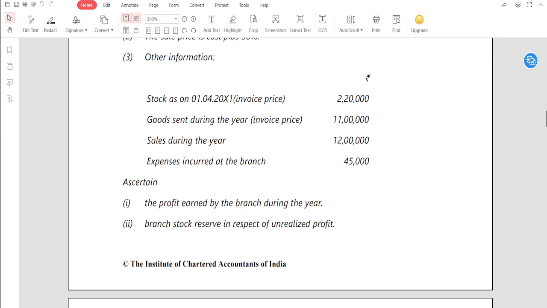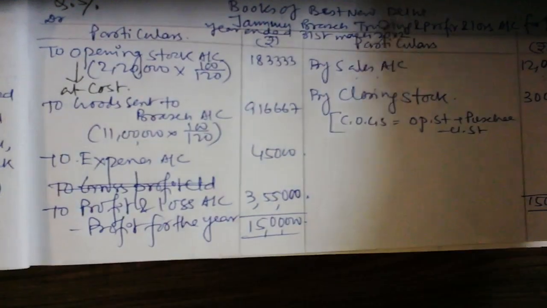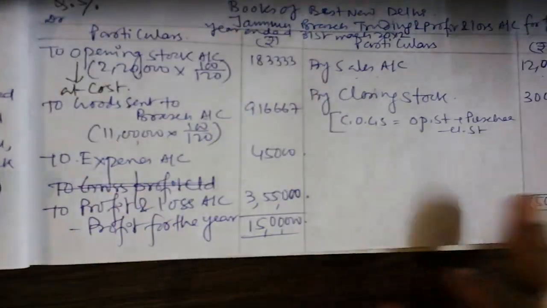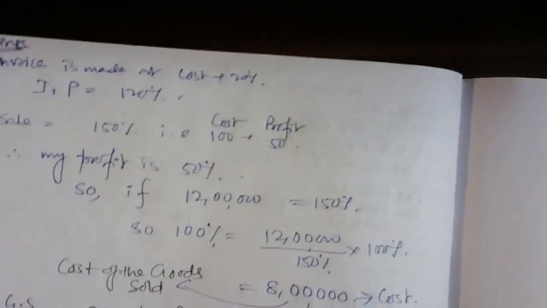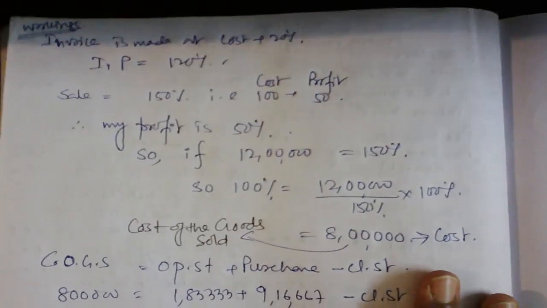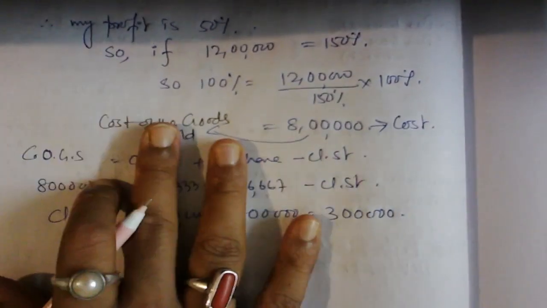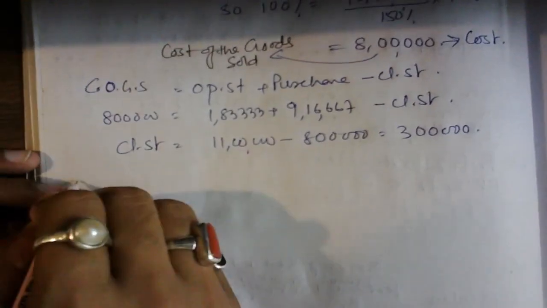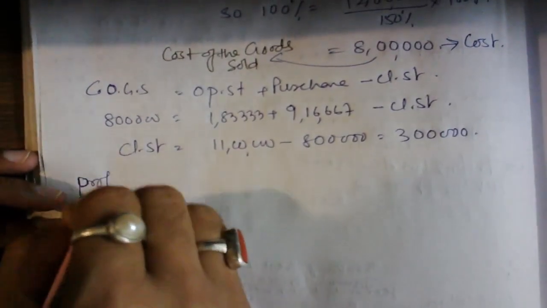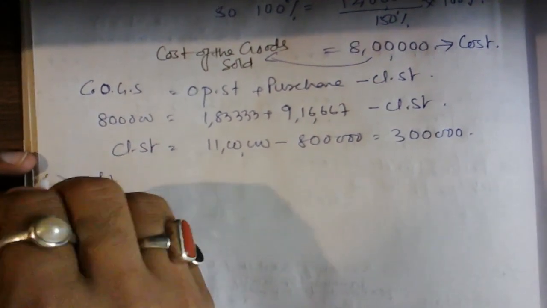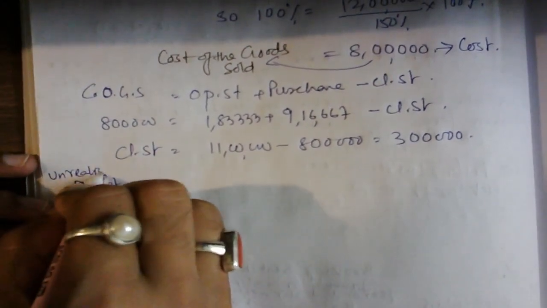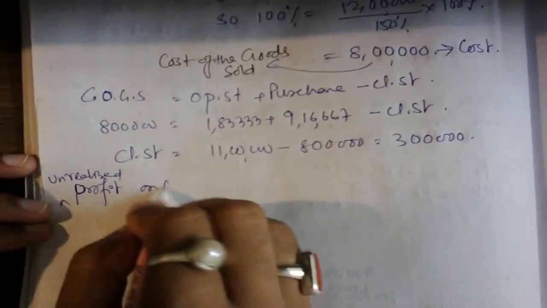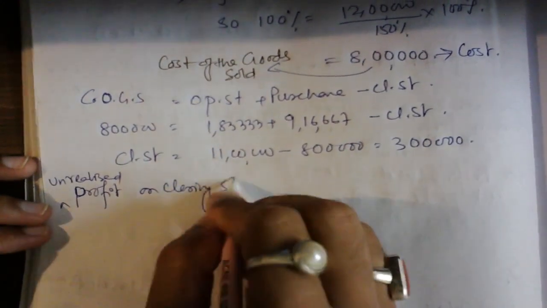If I am going to calculate this very easily, I can write it, sir. See here, if I tell you that my cost of the closing stock is 3 lakh, then obviously the unrealized profit on closing stock you can easily calculate.